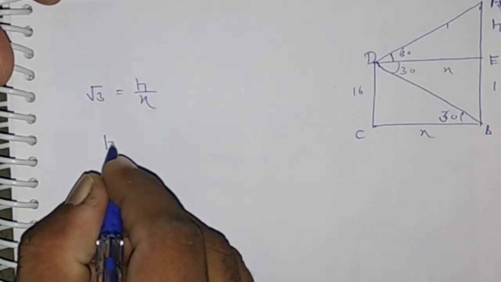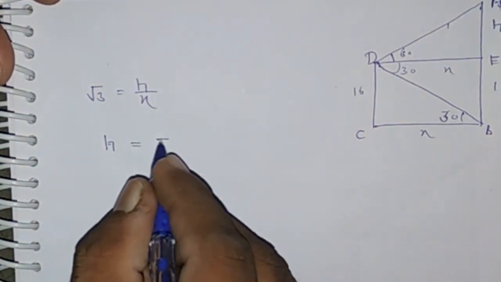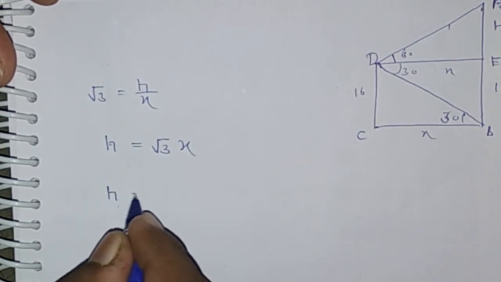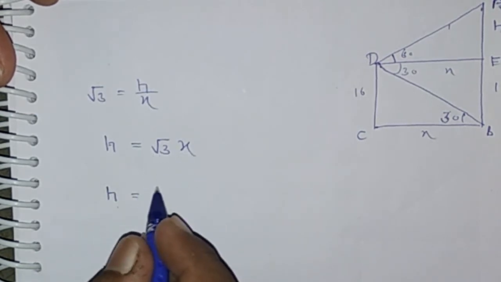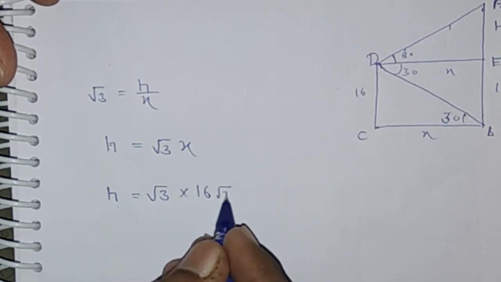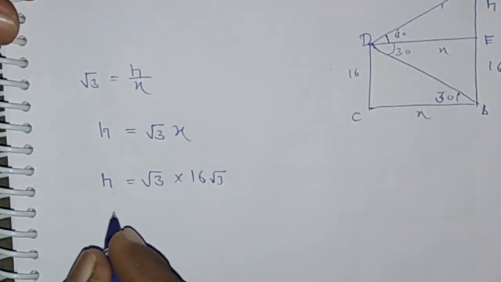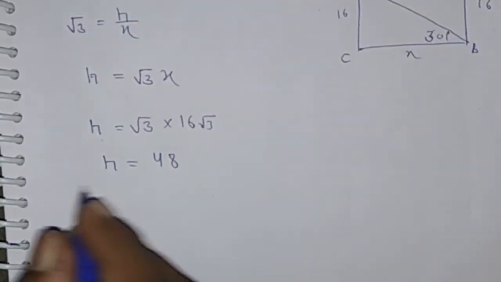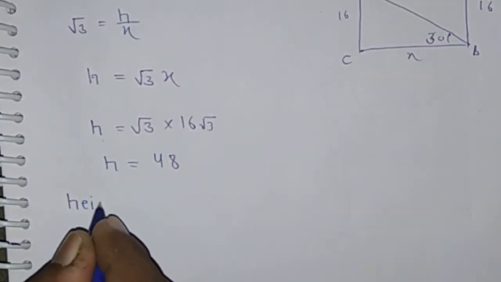Then h equal root 3 x. The value of x is 16 root 3 from equation first. Then h equal 48.